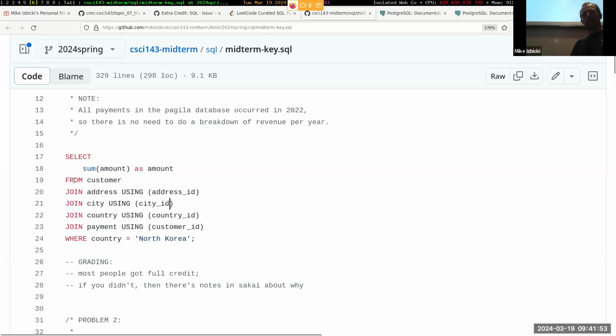The main thing on this first problem is just getting your joins all correct, connecting the customer down to the payment out to the country tables.